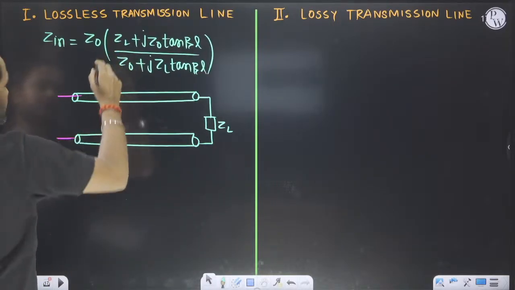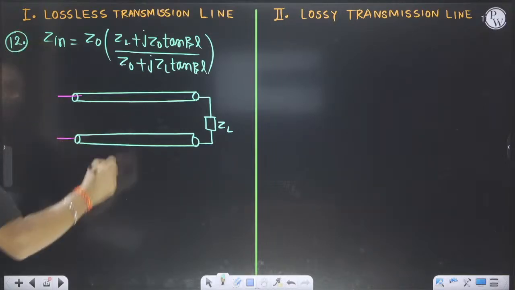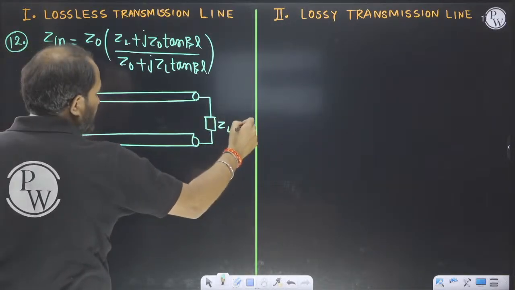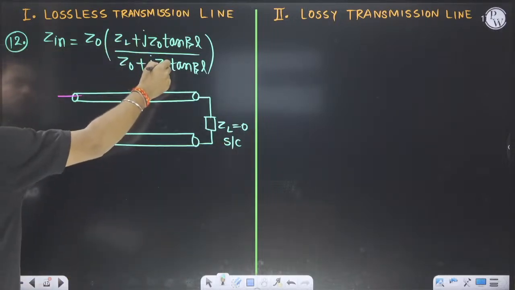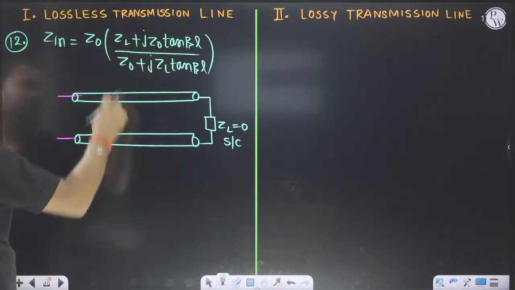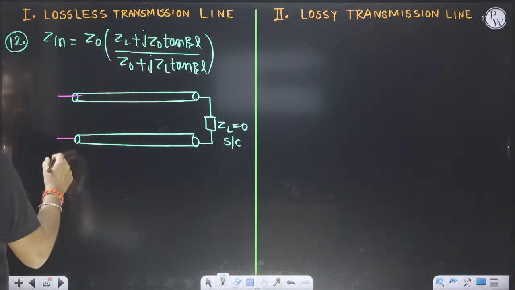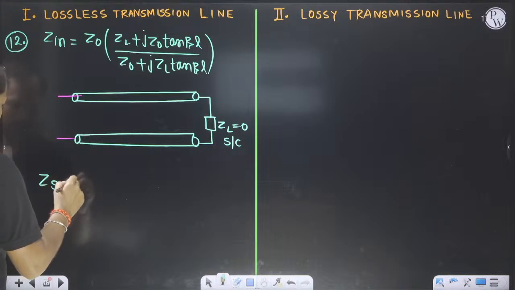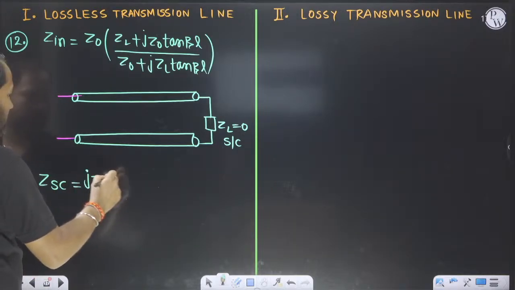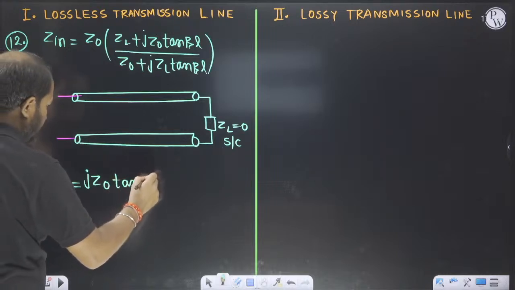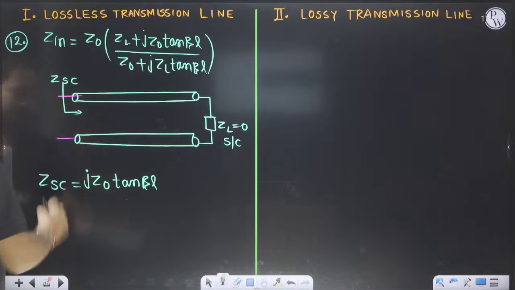ZL is 0, that means short circuit. Putting 0 here, Z0 will be cancelled out. So our short circuit impedance will be jZ0 tan beta L. This is the short circuit impedance.